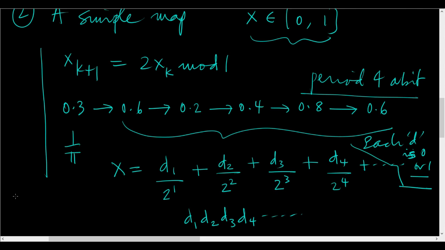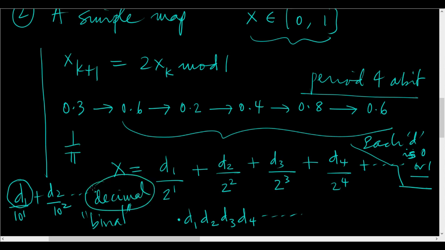In the decimal expansion, we have d1 by 10 to the 1 plus d2 by 10 to the 2 and so on, and these digits are allowed to be anything from 0 to 9. Over here, you can say, a binal system, or a binary system. In place of the decimal point, we have a binal point, if you like. It's just a name to match decimal.